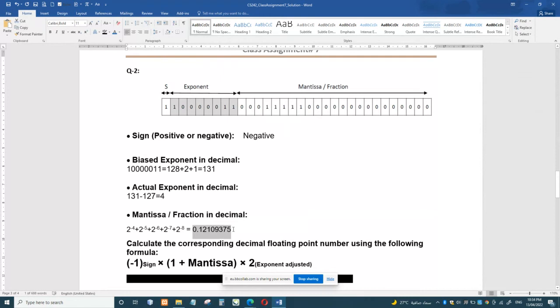After adding all of them, we'll get this one. Are you understanding how we are getting that? To the power minus 4, who can tell me the value of 2 to the power minus 4?